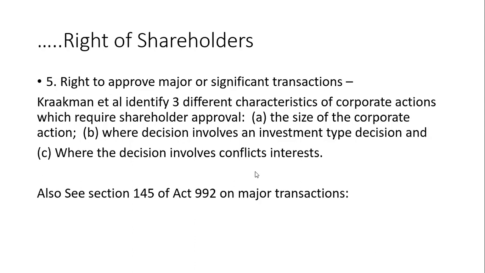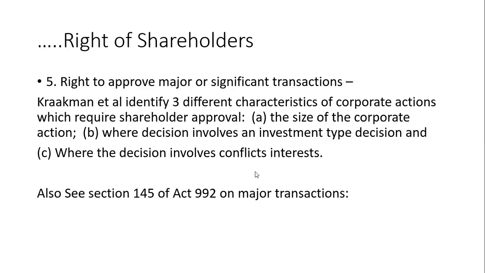They must go back to their power base, that is the shareholders. And what are these characteristics, or what are the three signs which will trigger the necessity for the exercise of this right of the shareholder?